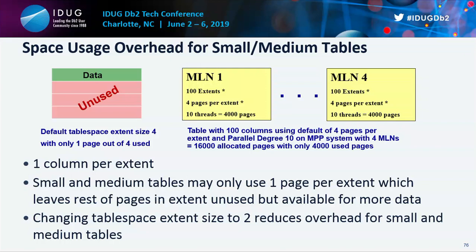I think this is the last slide. Space usage overhead for small to medium tables. I've talked about this in 2 or 3 slides, but if you have a bunch of columns with one row, you will have a whole extent where maybe you have 1 page and 3/4 of it's unused. So the amount of wasted space can be fairly high. You actually multiply that out by wasted space in the synopsis table because it has 2 times the columns of the base table.